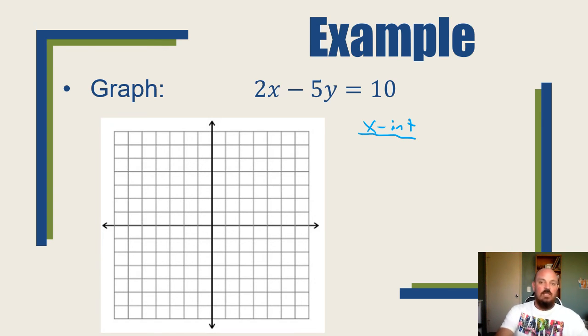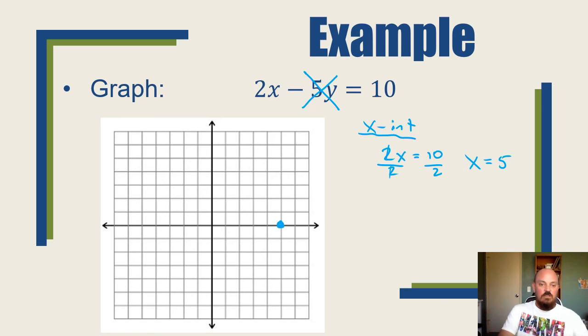So really what I'm doing when I'm finding the x-intercept is saying if this whole y term was not there, if that was 0, then the equation would just say 2x equals 10, and I can solve that in one step. I divide both sides by 2, cancel that 2, and x equals 5. So with very little work, the x-intercept is positive 5. So I count 1, 2, 3, 4, 5 spots to the right, and I put a point there.